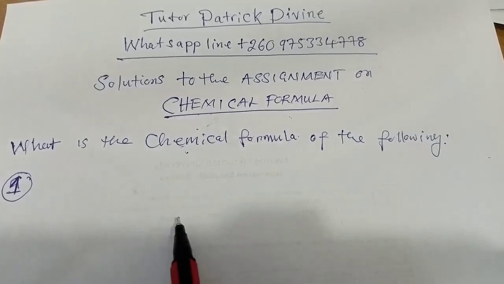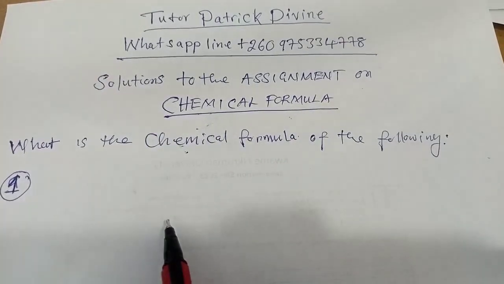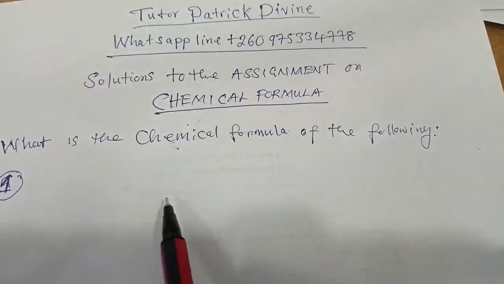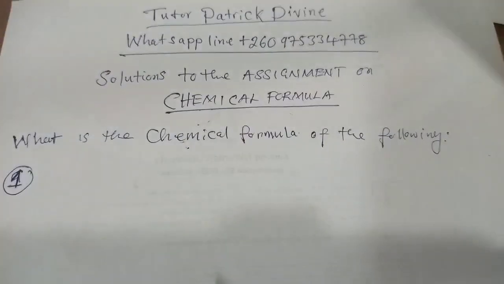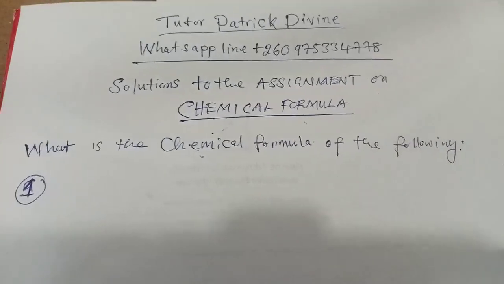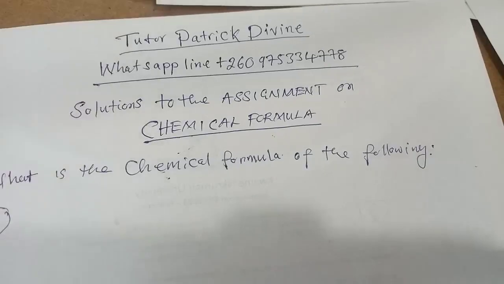You also need to know the formula for sulfate I showed you in the previous videos. So these are the radicals. Sulfate is a radical. So you need to remember all those radicals that I gave you.